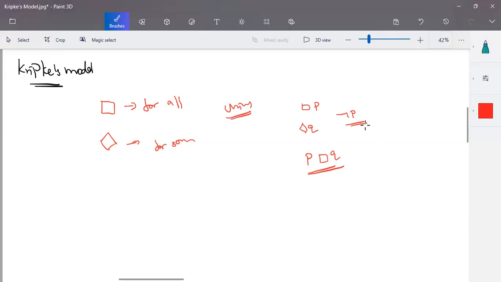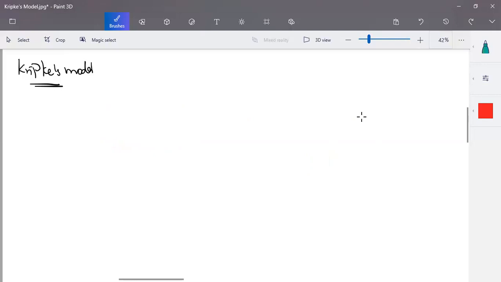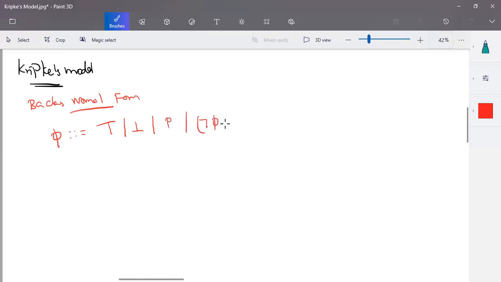Now I'll give the alphabets, or the way in which a formula can be written in Kripke's model. I use the same Backus normal form structure. All the formulas are similar to those of propositional logic. So we have either true or false, or a single proposition, or the negation of a formula.